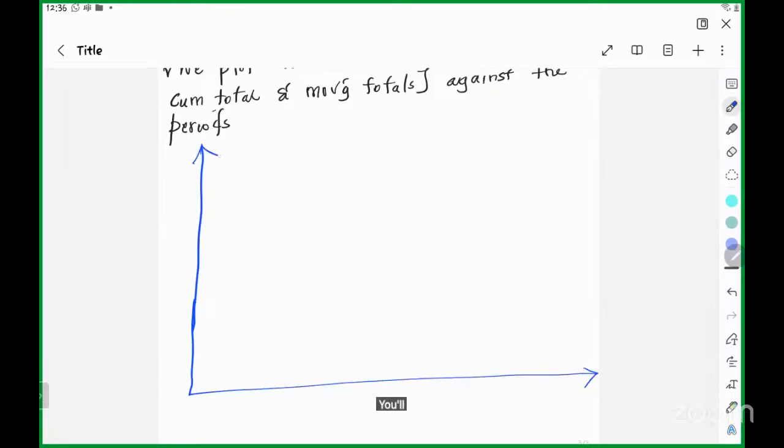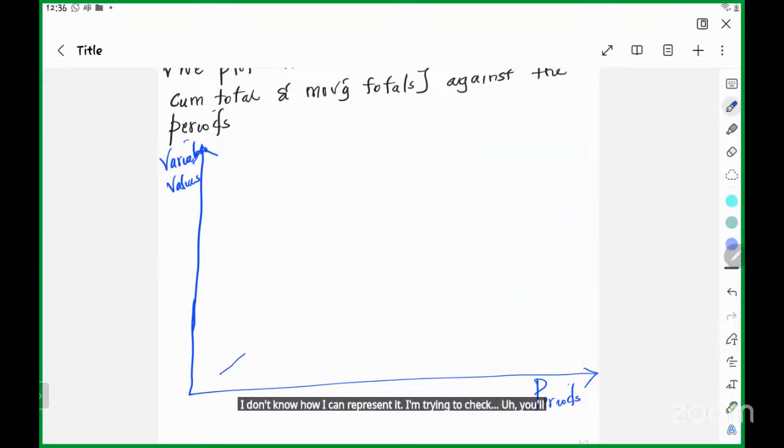You'll have the variable values, and then the period or periods. And then I don't know, I can represent it. I'm trying to check. You'll have something like this.